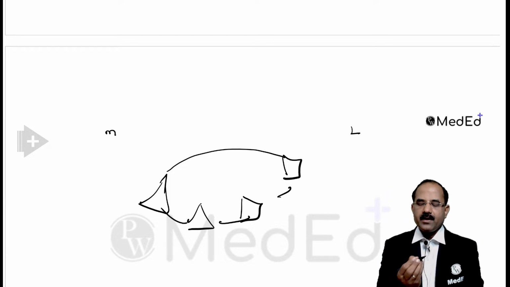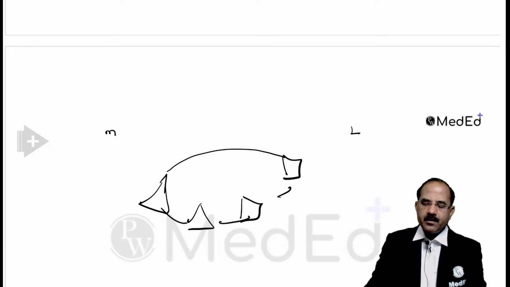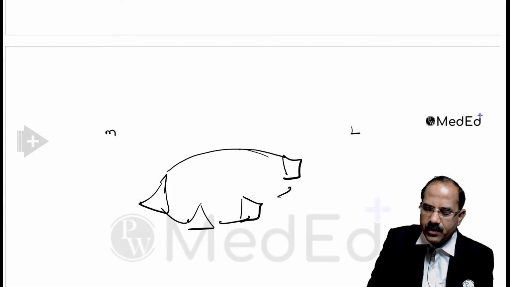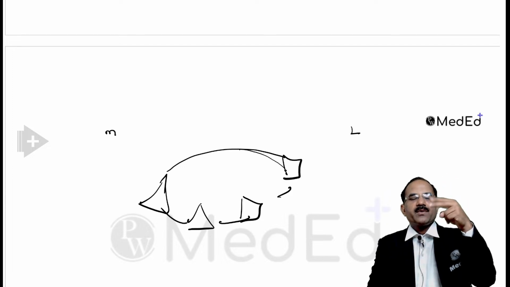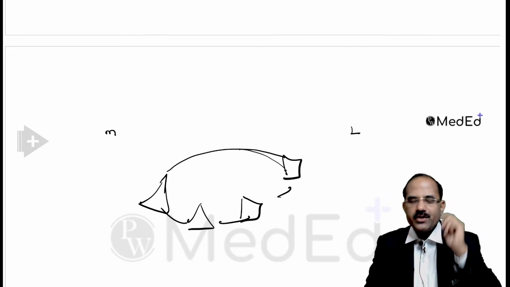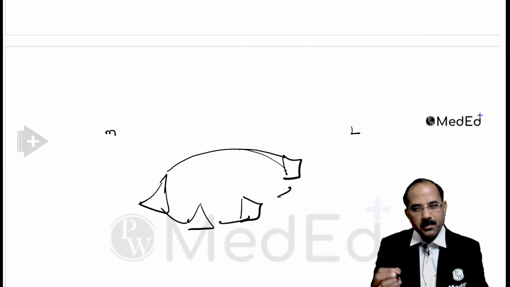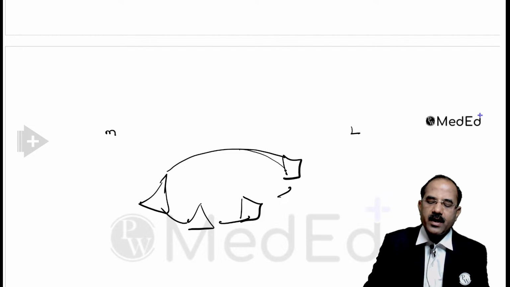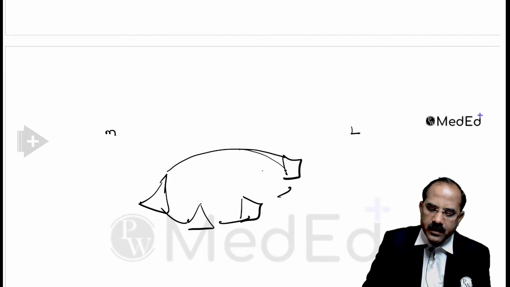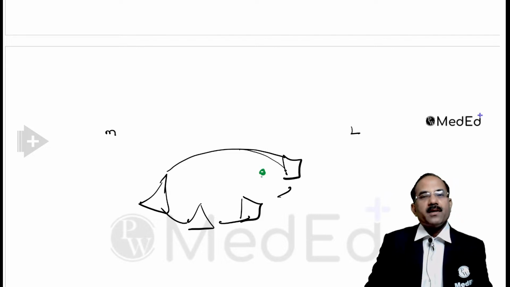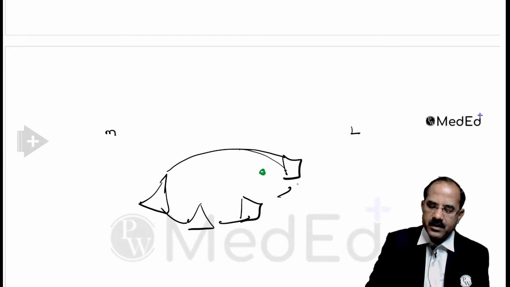This is medial and this is lateral. Now this flexor retinaculum on the lateral side divides into two slips. Now, what are the structures which pass through the carpal tunnel? This is a tendon which goes to the thumb. What is this known as?